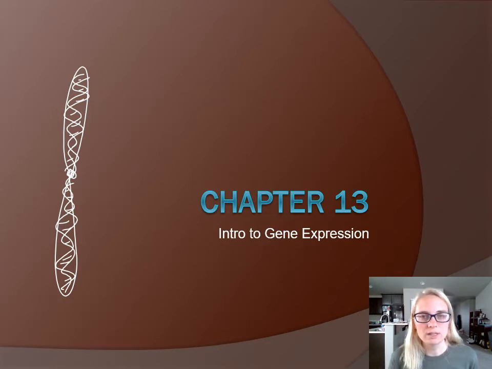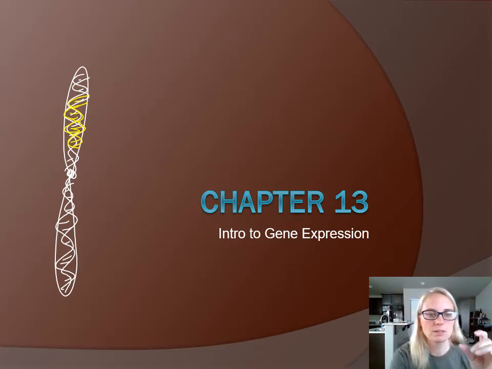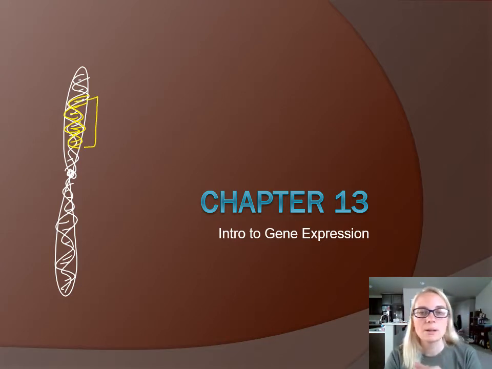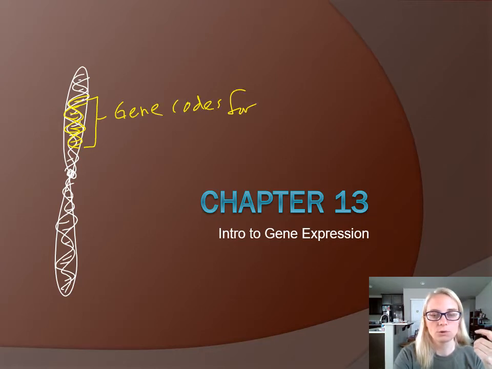And then a gene is a particular sequence, just a shorter section of that particular DNA. So let's say this region of all the A's, T's, C's, and G's, that's going to be one gene, and that's going to code for a particular trait. This is a gene, and it codes for traits.